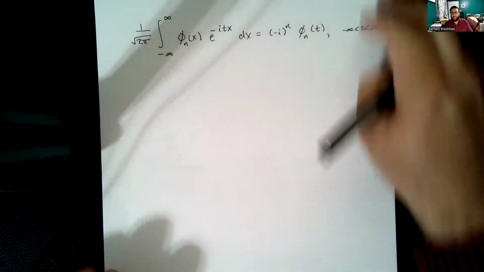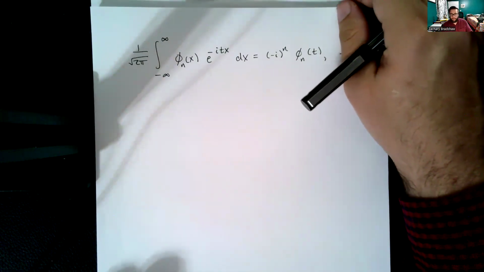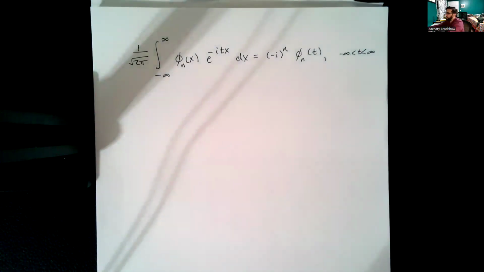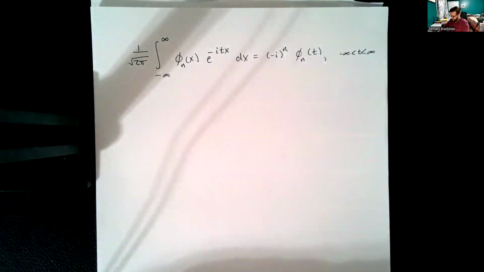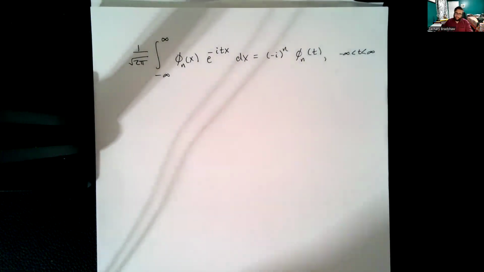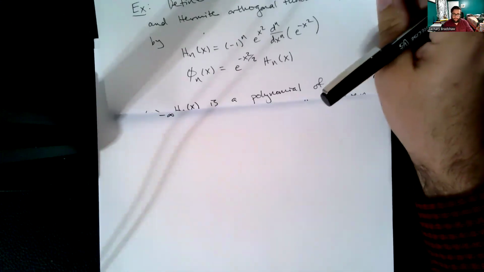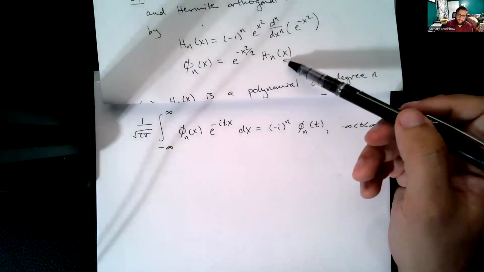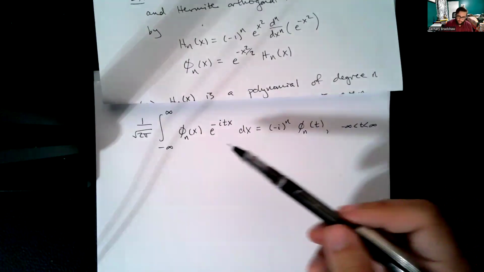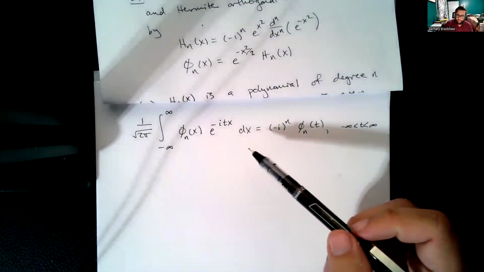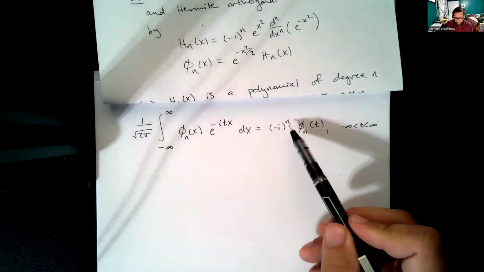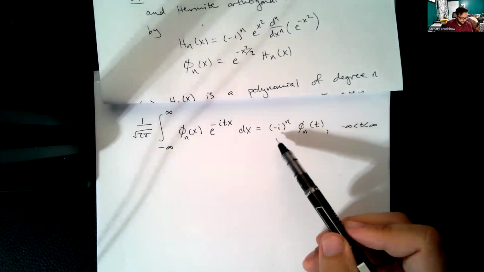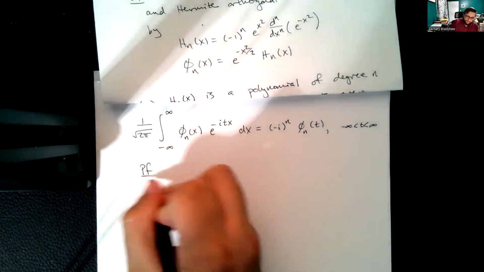I claim that these Hermite orthogonal functions, let me pull the definition back up for you, which are basically a Gaussian times the Hermite polynomial, are also eigenfunctions of the Fourier transform operator. But their eigenvalues are no longer 1. Now their eigenvalues are minus i to the n. And in fact, we're going to prove this also by Cauchy's theorem.